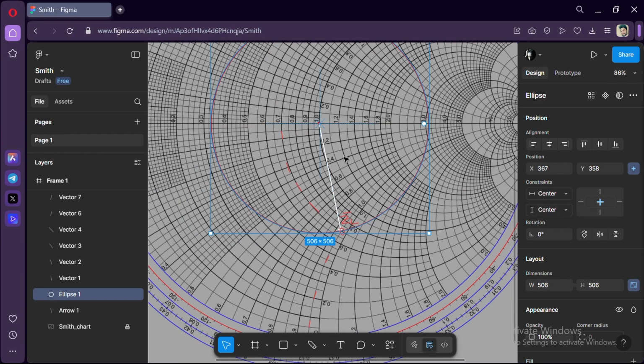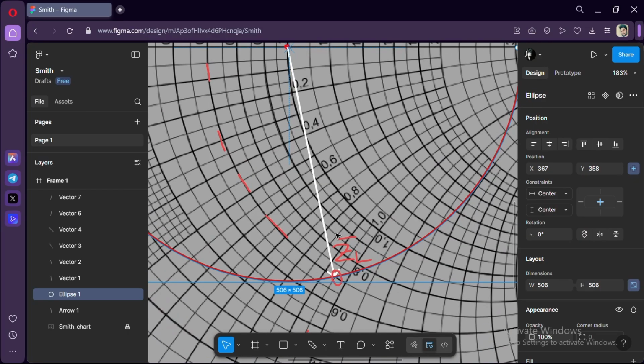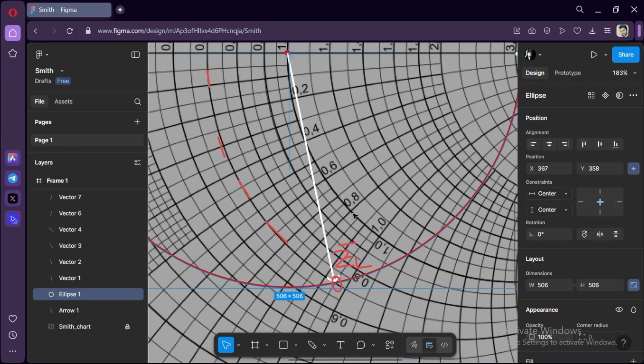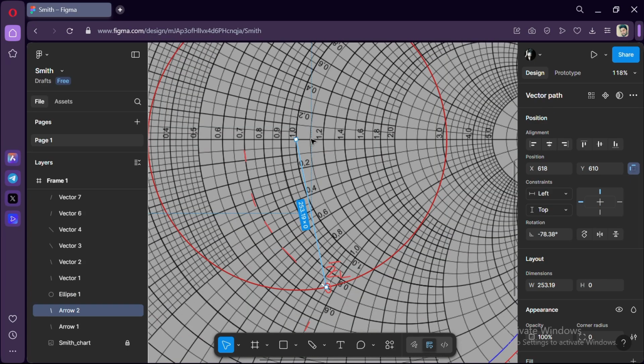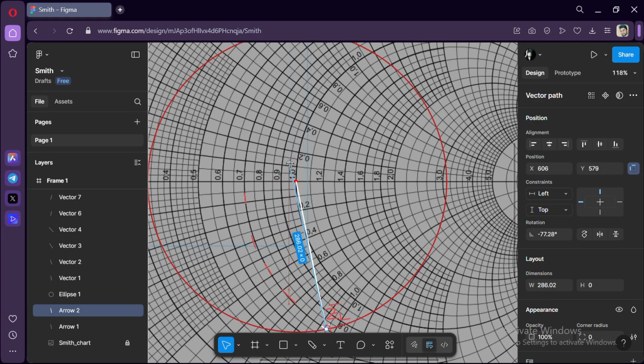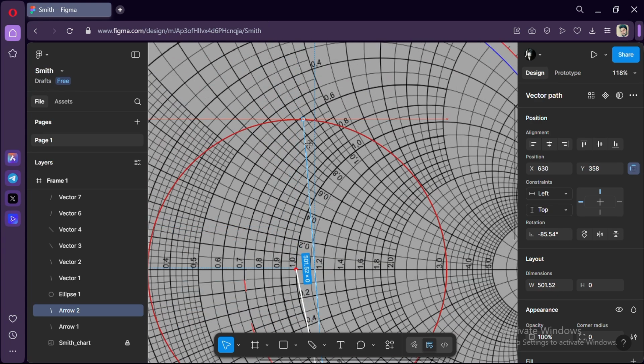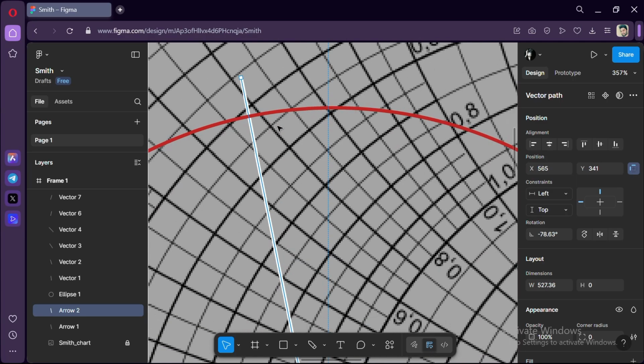Then, if we rotate this arrow 180 degrees, it is going to give us the admittance. Let me duplicate this arrow, then take it on the other side. Here, this point.